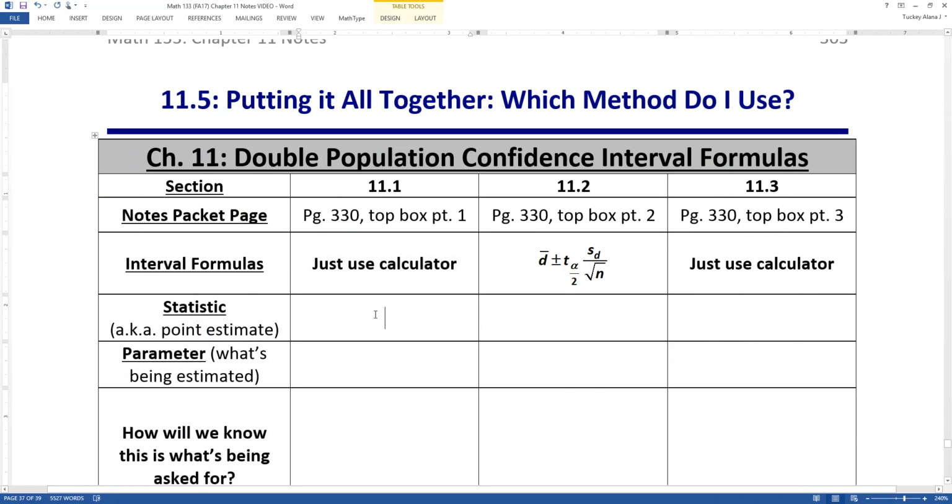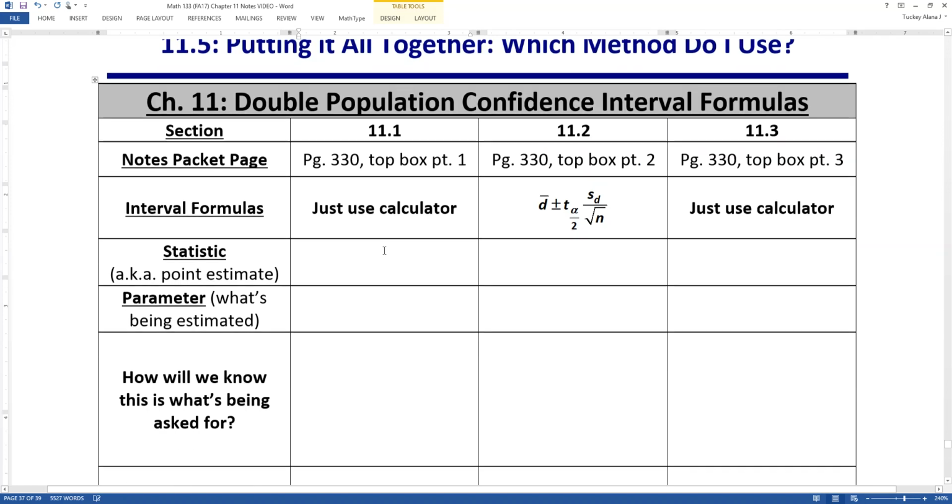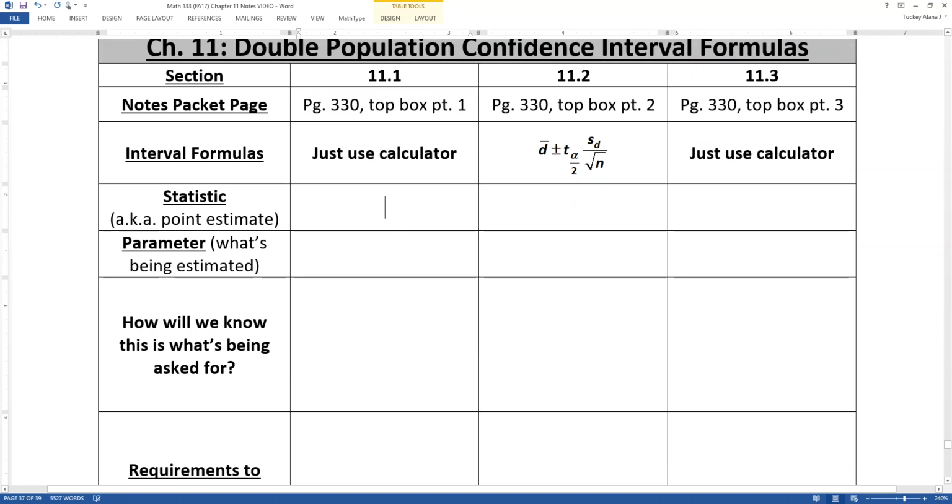Now what statistics are we using, and what kind of parameter are we estimating with these particular values? For the proportion ones, you're using the sample difference between the two proportions. So the difference in one sample's proportion versus the other sample's proportion, so p1 hat minus p2 hat. That's your point estimate.